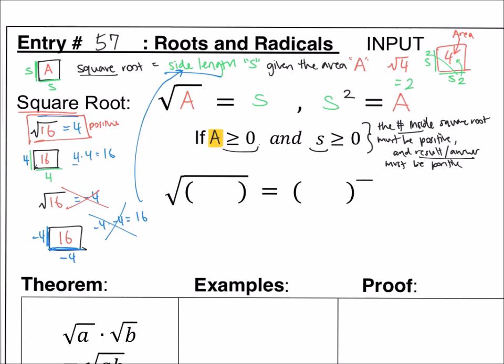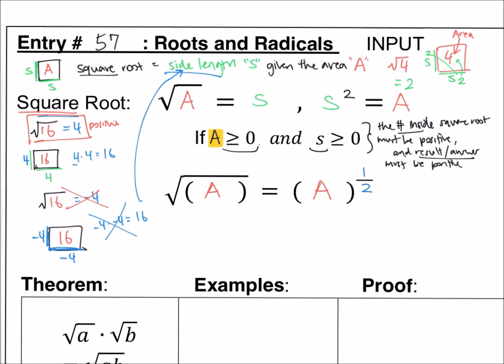Some of you may remember there is another way of writing square roots that doesn't involve the funny looking long division symbol. Another way of writing the square root of a number, like the square root of a, is to write a to the 1/2 power.